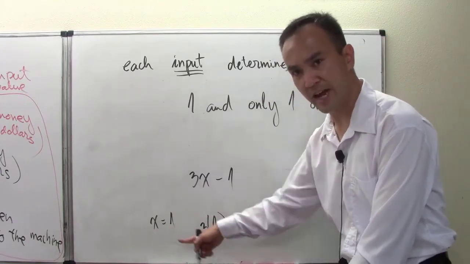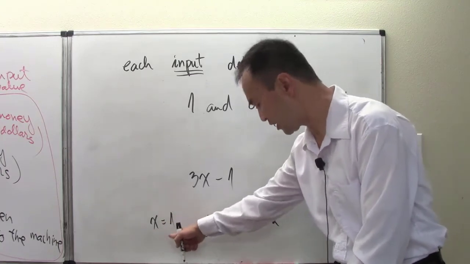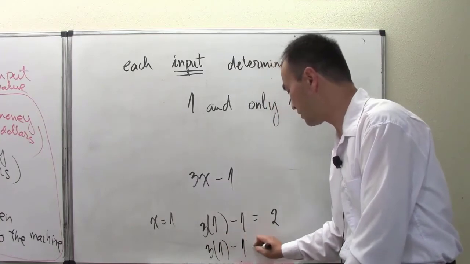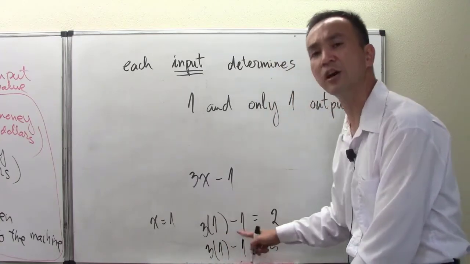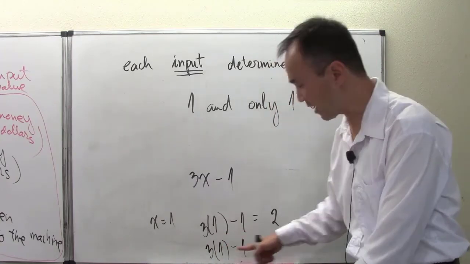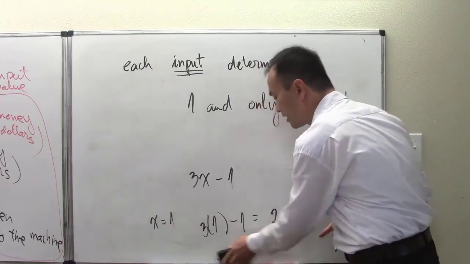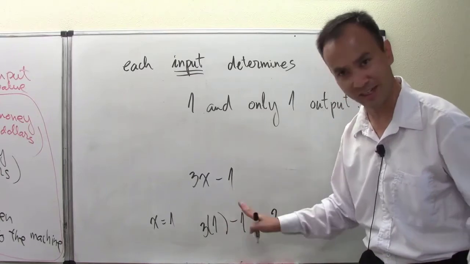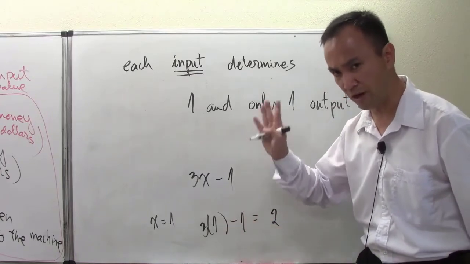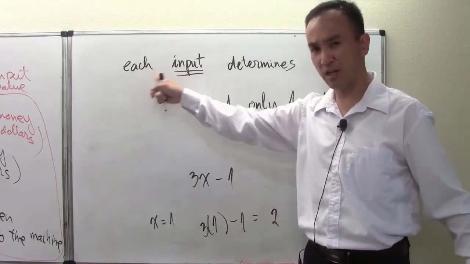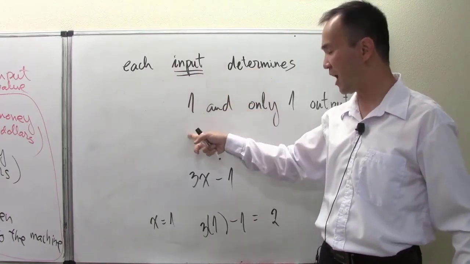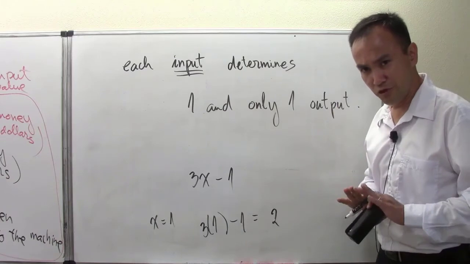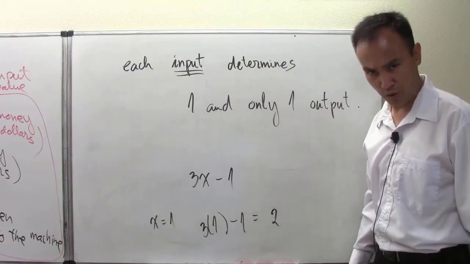If the next day for a different student x equals 1 again as the input, but 3 times 1 minus 1 equals 5, something's not right. It needs to be only one output. If it has multiple outputs, it's a completely different story. So what we want to focus on is that each input determines one and only one output. No exception.